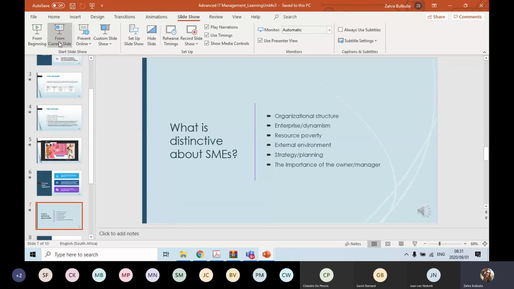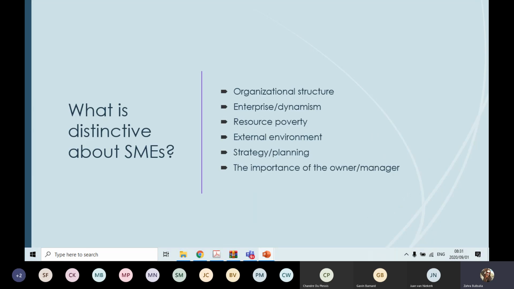So we're going to talk about what's distinctive about SMEs. I'm going to briefly go through these points. The first is the organizational structure. Your organizational structure for your SME is a flat organizational structure.